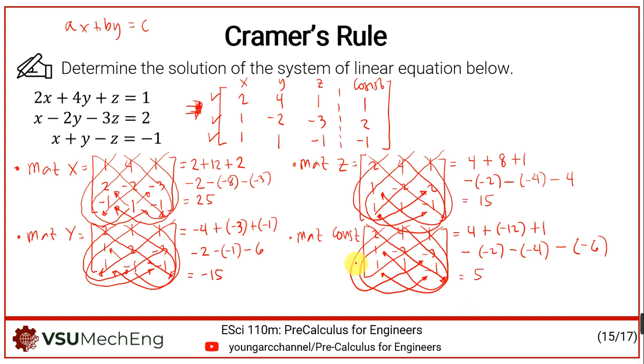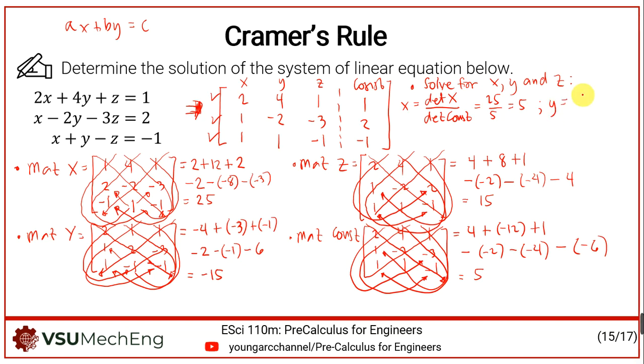So now that we have already solved for the determinant of each of the given matrices, next is to solve for the values of x, y, and z. So for x, that is equal to the determinant of x over the determinant of the constant. So we have 25 over 5. The answer is 5.